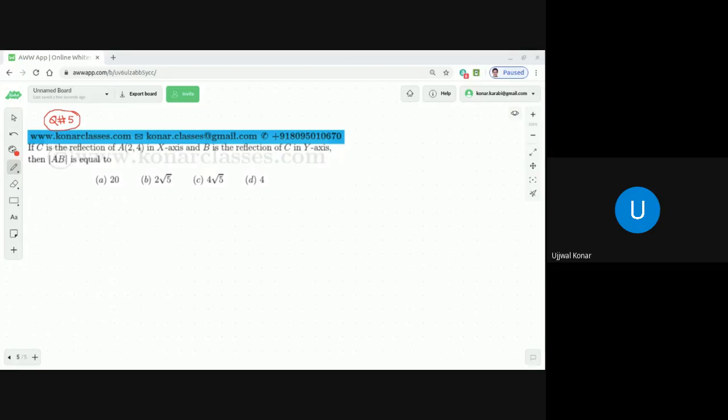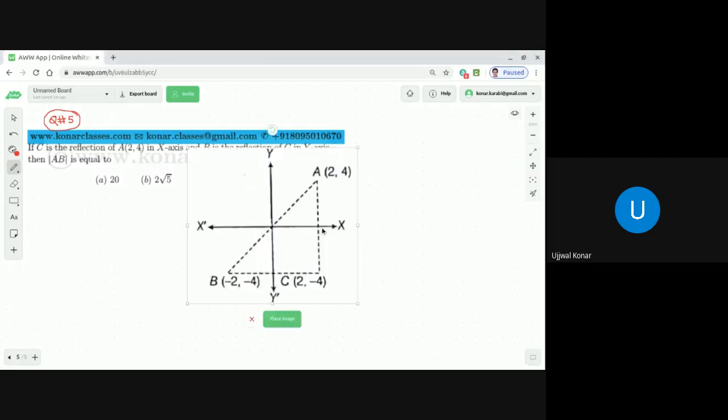And if we give a visual representation, let's see how the problem actually looks.